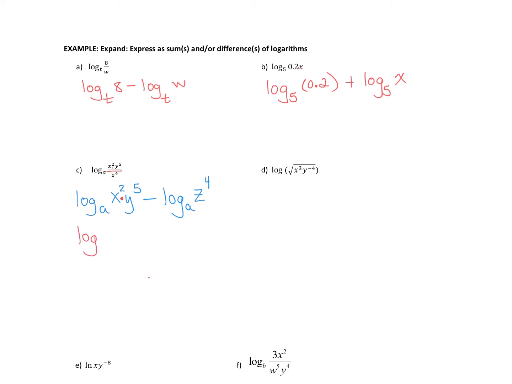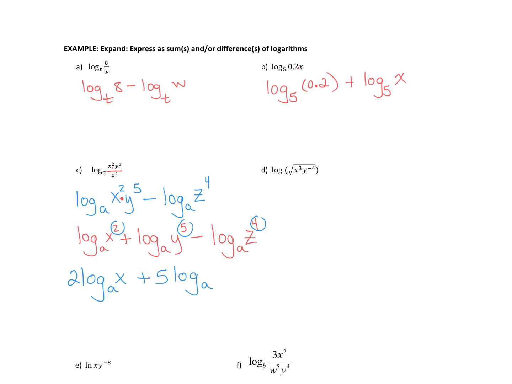Log base a of x squared plus log base a of y to the fifth minus log base a of z to the fourth. And finally, I will bring my exponents down in front of their respective logs and get 2 log base a of x plus 5 log base a of y minus 4 log base a of z.